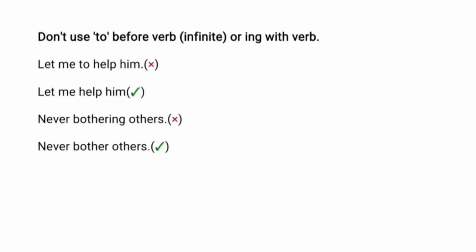Let's talk about what should not be done and what should be taken care of. So, in all active imperative sentences, don't use to before the verb first form or infinitive form, or don't use verb ing with the verb. This will make your sentence grammatically wrong. Like in the sentence, let me to help him. This is wrong.